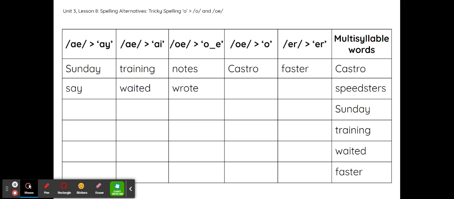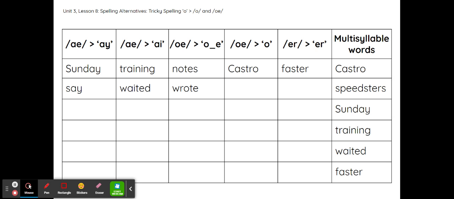Let's go over some words that you will come across. The A sound, spelled AY: Sunday, say. The A sound, spelled AI: training, waited. The O sound, spelled O consonant E: notes, wrote.